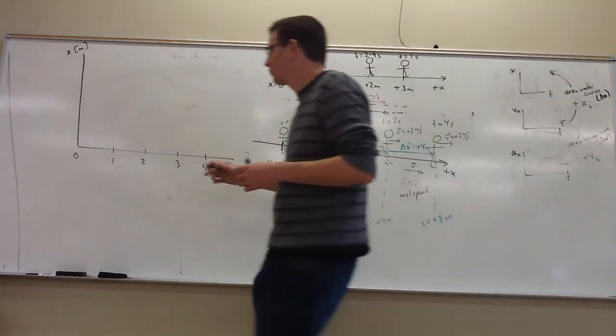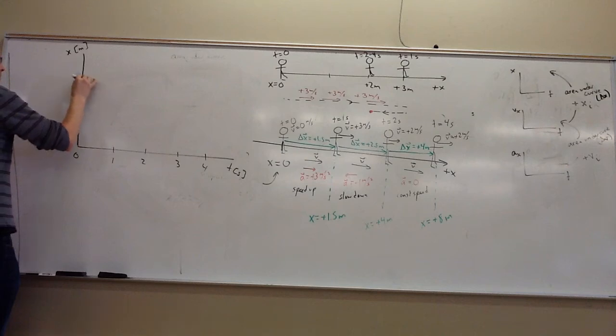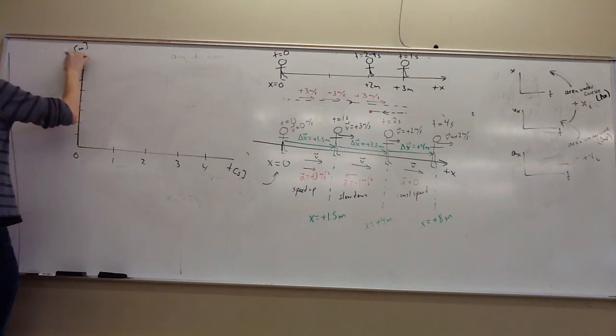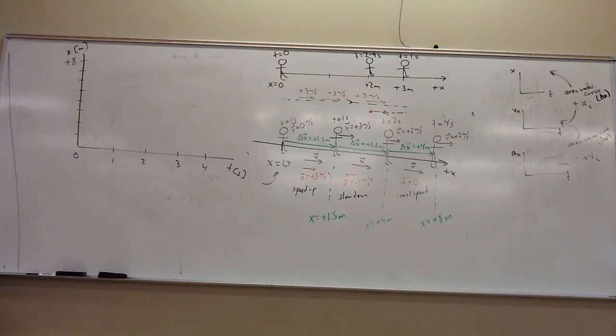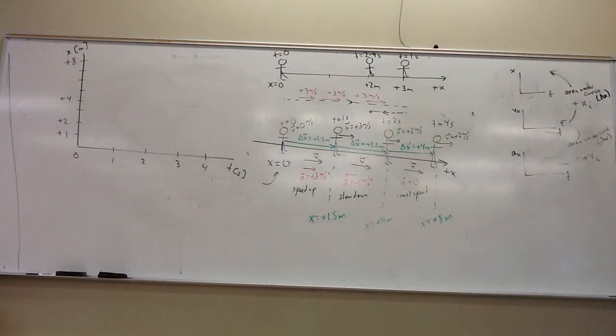So we're going to have to make room for 8. So let's try to do 8 evenly spaced tick marks. 1, 2, 3, 4, 5, 6, 7, 8. So there's 8. And other ones that I might label are 1, 2, and 4. I think those will be the ones that are mostly of concern.